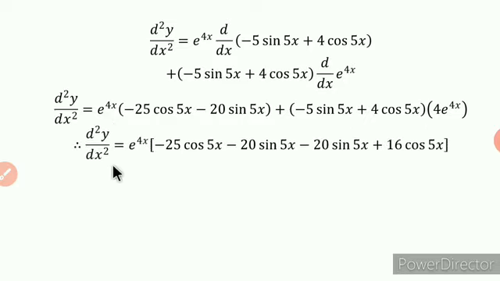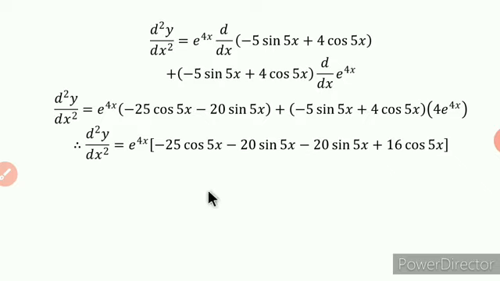Therefore d square y by dx square is equal to e raised to 4x into, inside the bracket, minus 25 cos 5x minus 20 sin 5x, and multiplying by this 4, inside the bracket we remain with minus 20 sin 5x plus 16 cos 5x.